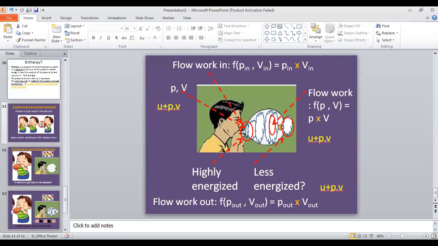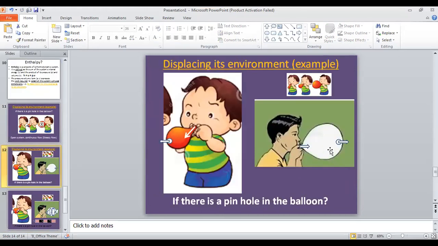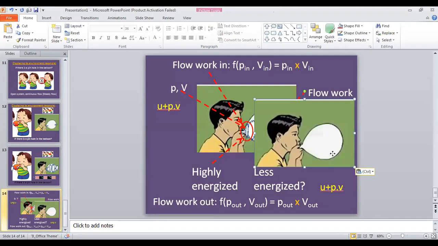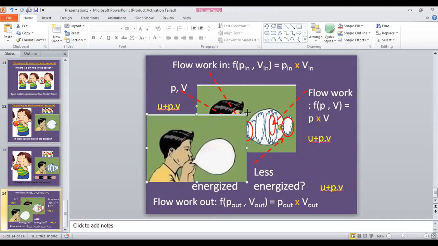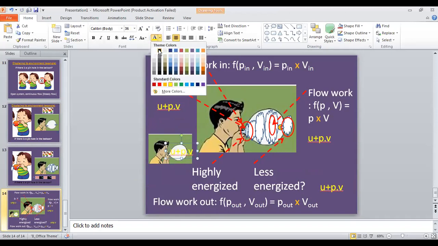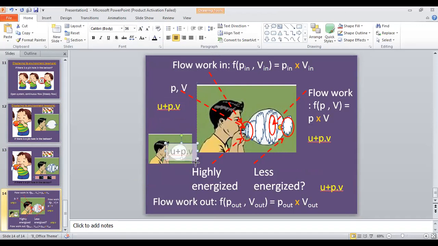Even in a stationary balloon, if you think of a stationary balloon, you can think of U plus PV, because U is there, internal energy, PV also here. So even in the stationary balloon, meaning no pinholes, you can still have U plus PV.